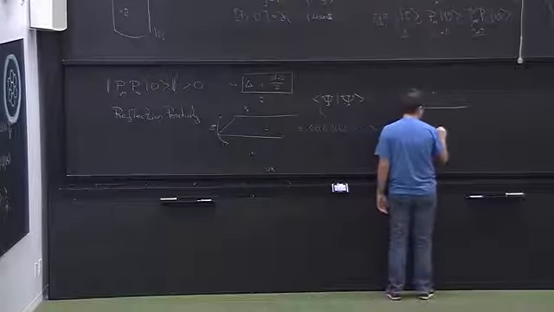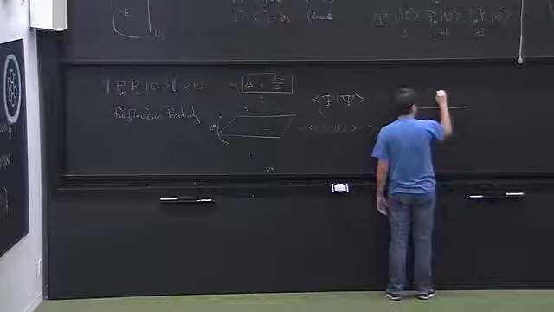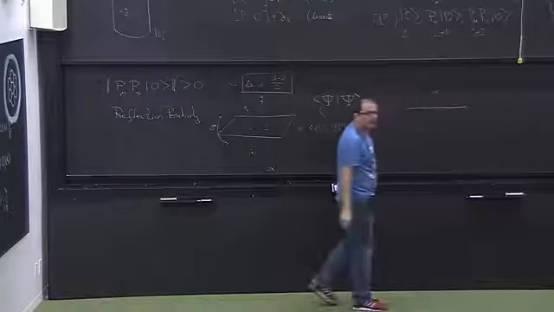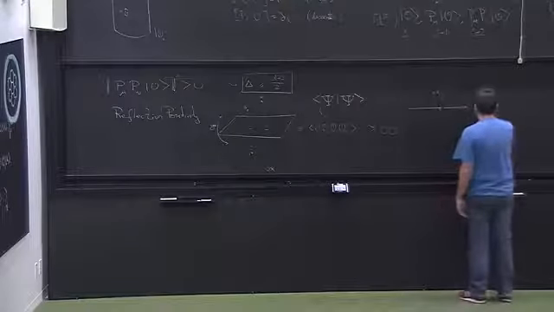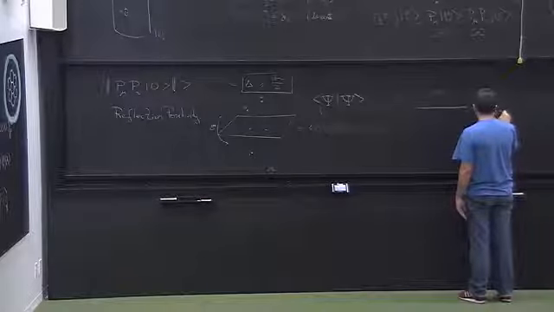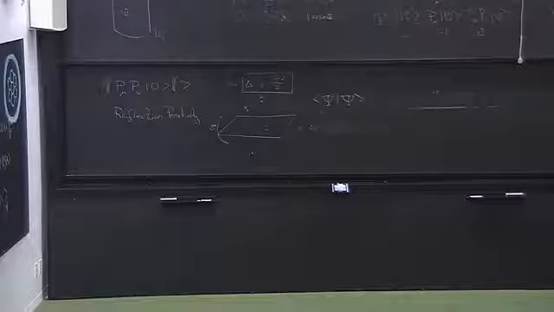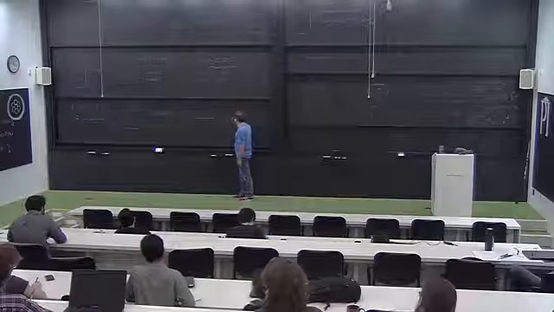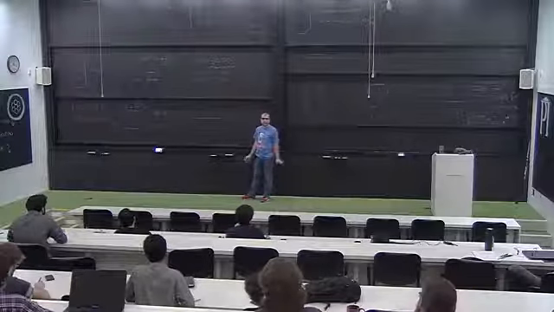So let's say this is minus x and this is x, okay? And then this correlation function is 1 over x to the 2 delta. Okay, fine, it's positive, but we gain nothing.